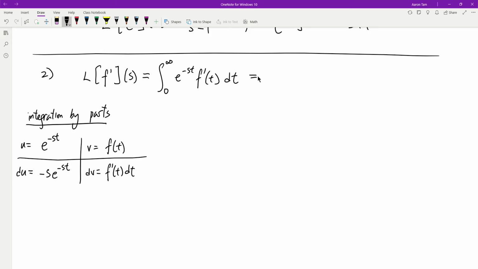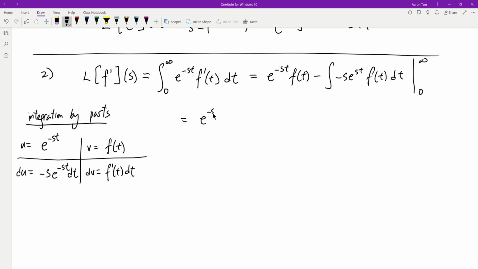So now I'm going to put in my integration by parts. Therefore it will be e to the negative st f of t, minus the integral of negative s e to the negative st f of t dt. Yep, I forgot dt here. There you go. I do need to evaluate this from 0 to infinity, so we're going to deal with that in a little bit. Let's clean up this mess a little bit.